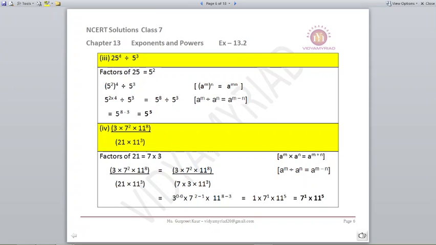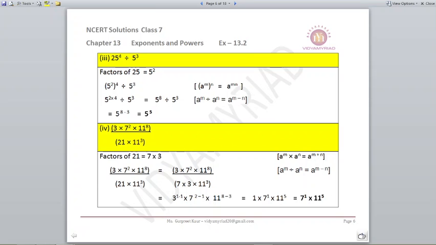So 5 raised to power 2 multiplied by 4 divided by 5 raised to power 3. So it gives you 5 raised to power 8 divided by 5 raised to power 3. So what do we do in the division case? We subtract the powers. So you get 5 raised to power 8 minus 3. So your answer is 5 raised to power 5.